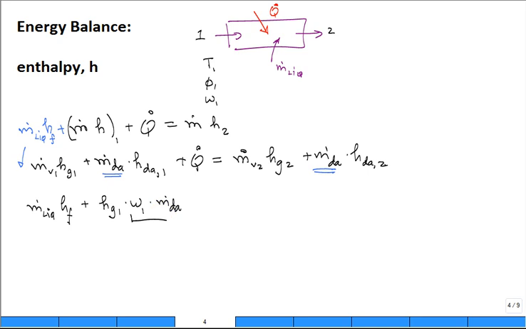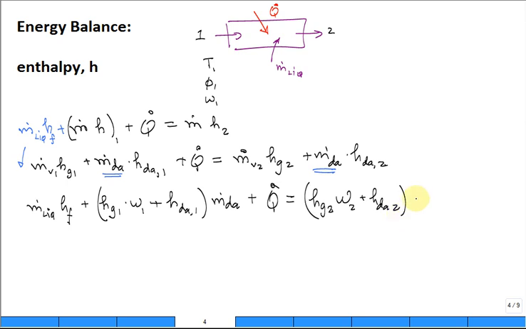Isn't this product right here the mass flow rate of the vapor coming in? Yeah. And then what you can do is group those two terms such that this is the enthalpy of the dry air coming in. Both of those multiplied by the mass flow rate of the dry air. Add in the heat transfer, and the other side looks the same. You have the enthalpy of the vapor going out, humidity ratio going out, and the enthalpy of the dry air going out times the mass flow rate of the dry air.